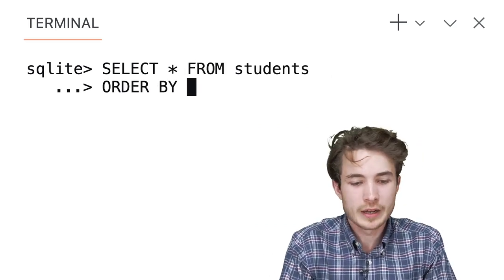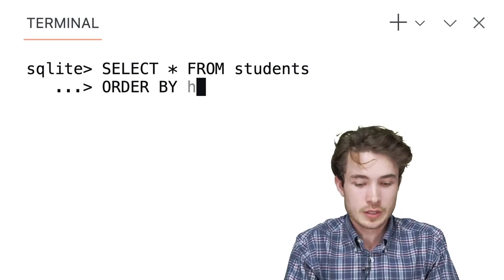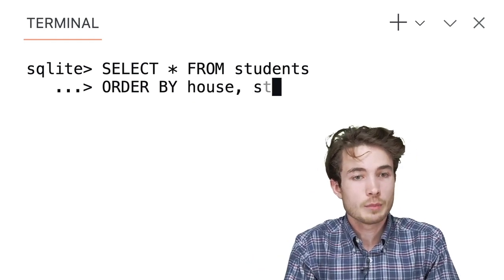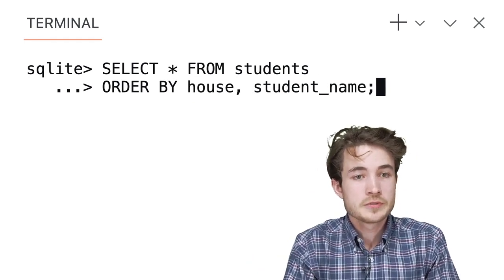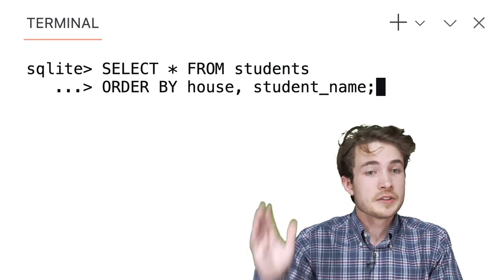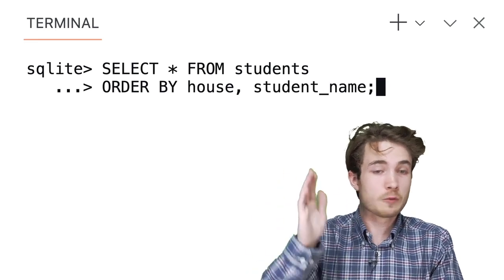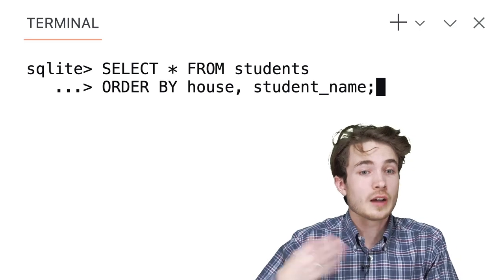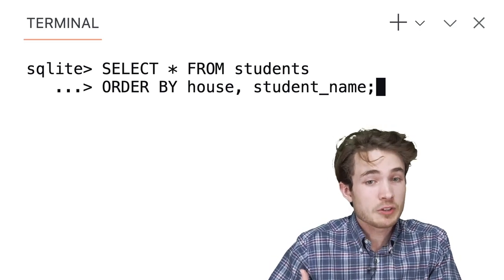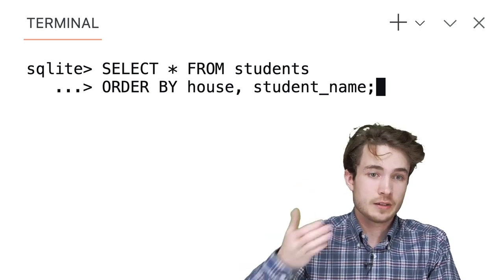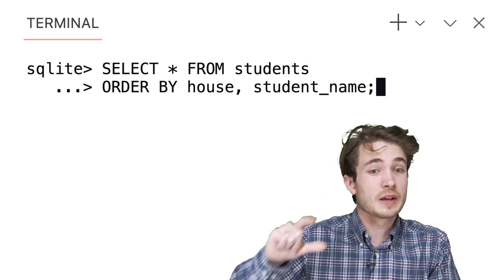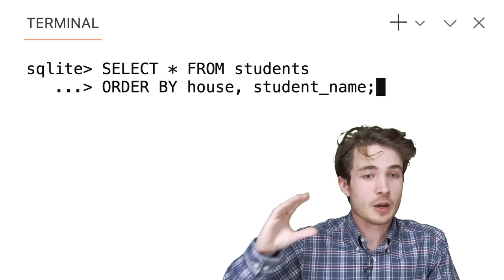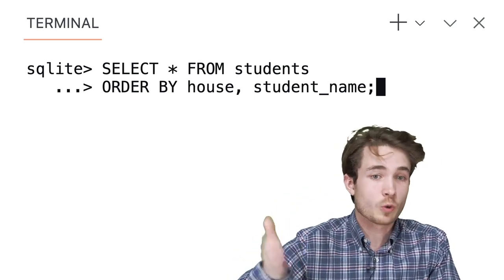And let's order by first house, and then by student name. So what the comma here is saying is that the very first thing before the comma is the first thing I will sort by. Then afterwards, student name is the next thing I will sort by. So inside of my sorted list of houses, I will then sort student names.